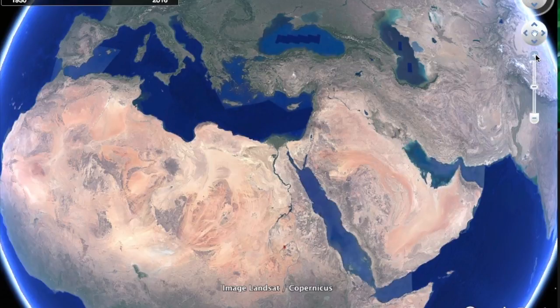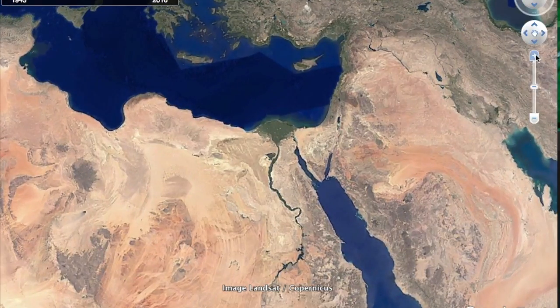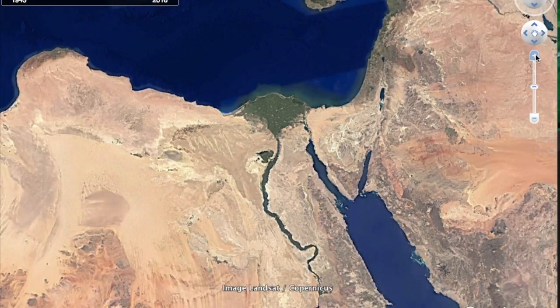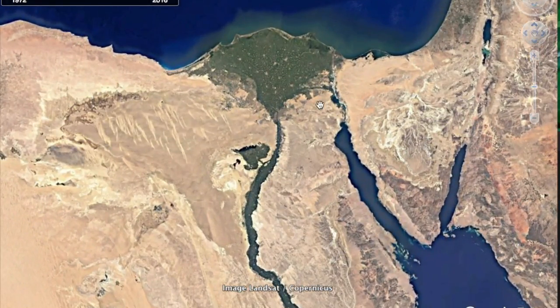So I want to focus on deltas right now. And a delta is a fan-shaped pattern of deposited sediment from a river or a stream. So this fan-shaped cone pattern here is basically where the Nile has slowed down and it's dropping its sediments here.